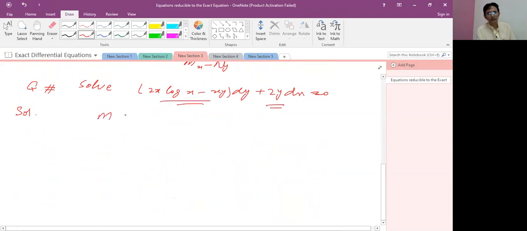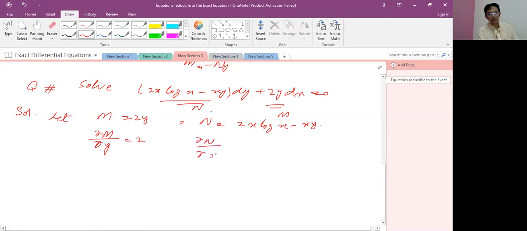First we identify, let M be 2y and N be 2 times x log x minus xy. This is called N. Then you find the derivative of M with respect to y, ∂M/∂y, it is 2, and ∂N/∂x, find the derivative with respect to x.